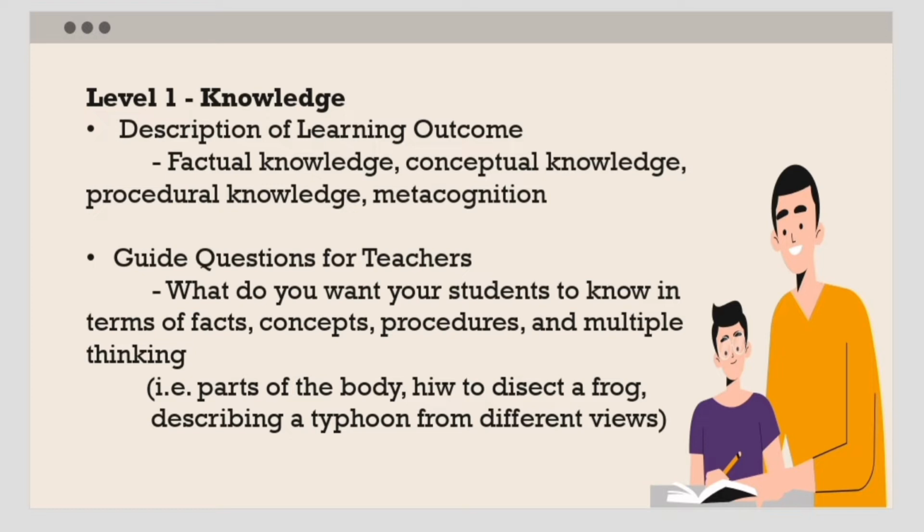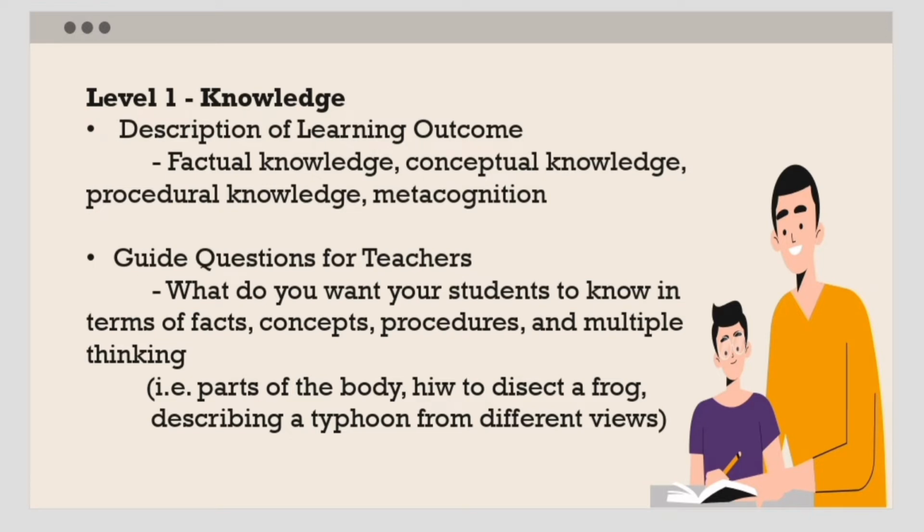Ano ba yung gusto mong matutunan ng estudyante, malaman ng estudyante in terms of facts, concepts, procedure, and multiple thinking. So, example, you may ask them the different parts of the body. You can ask them to explain how to dissect a frog or describe a typhoon from different views.